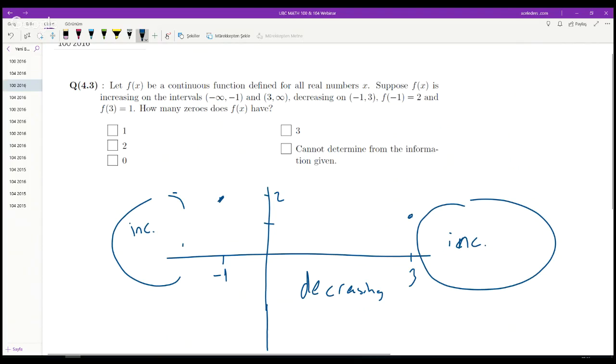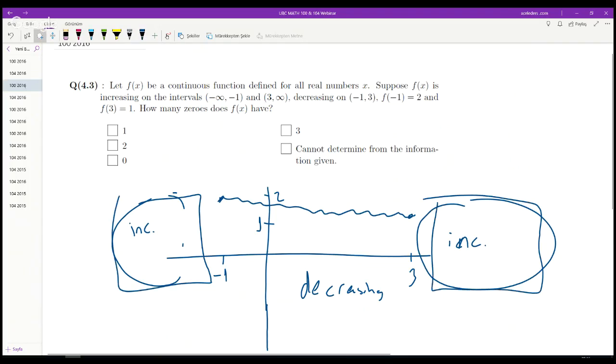Okay, so now I'm sure that since the function is decreasing here and it is continuous, it must go from 2 to 1 here. Okay, it must be something like that. So now I need to think about these regions, the increasing regions. Okay, what do you think? How many zeros should this function have? What do you think about that?